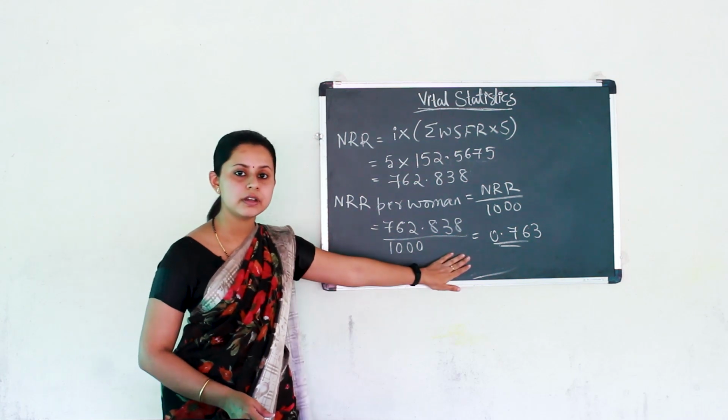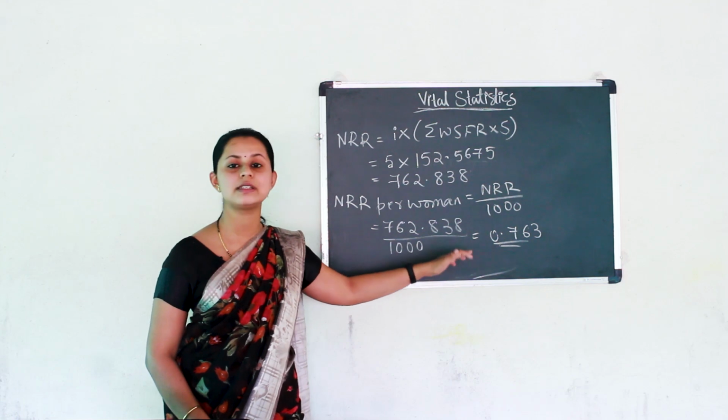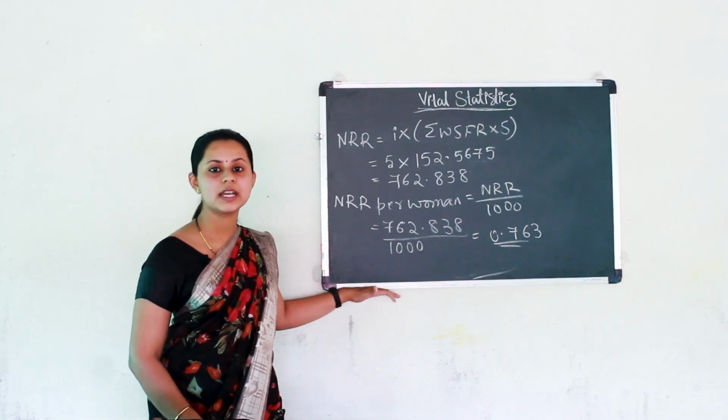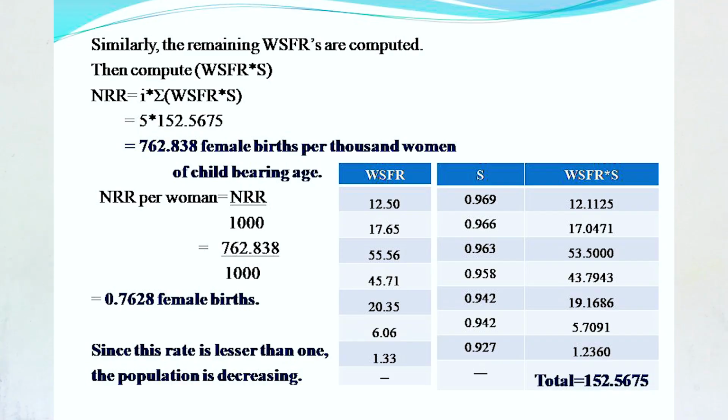You can observe here that the net reproduction rate is less than 1, that is 0.763. So we can say that the population is decreasing. The conclusion is, since NRR per woman is 0.763, which is less than 1, the population is decreasing.